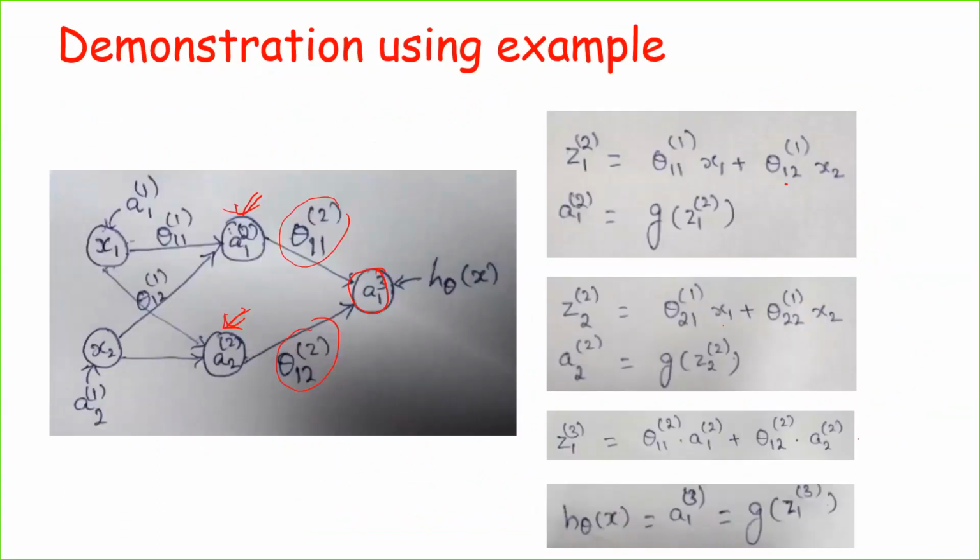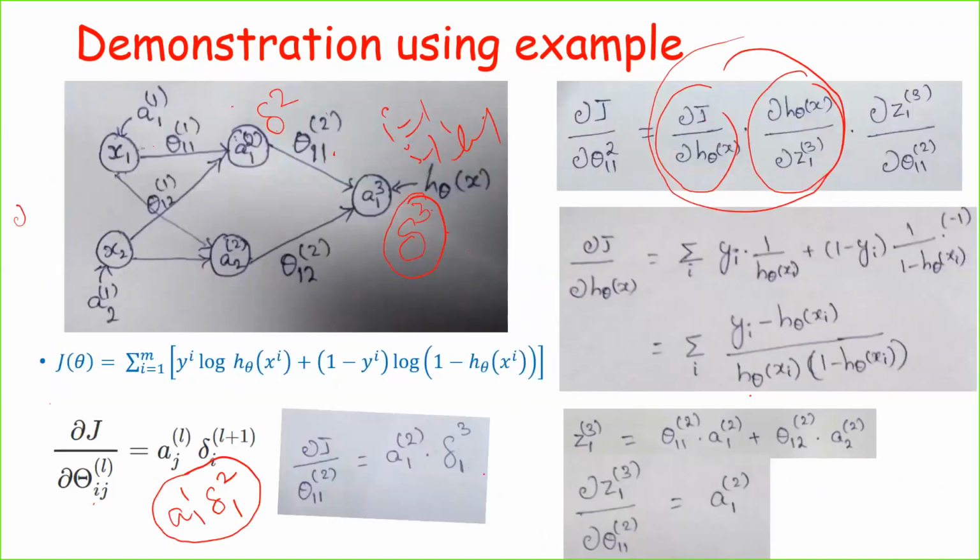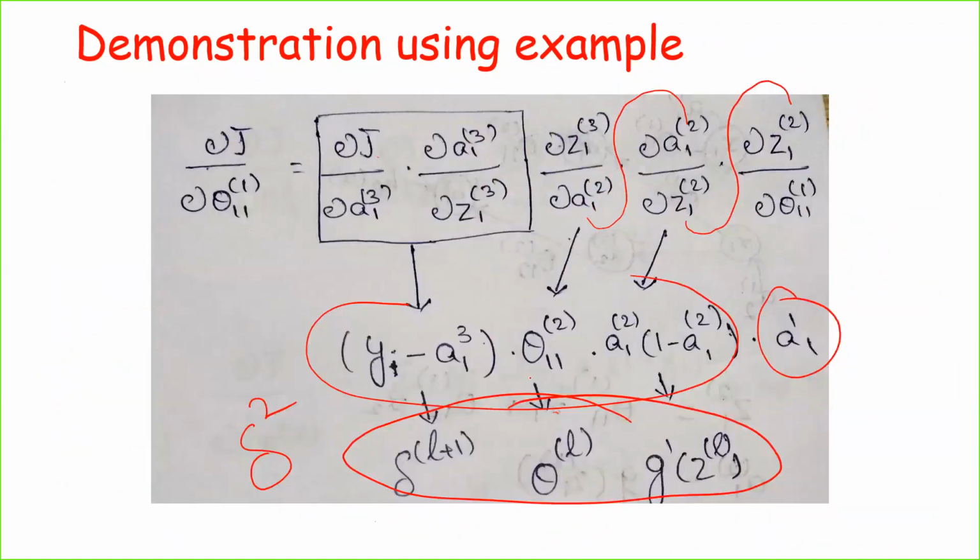Sir, here delta 2, you are computing by multiplying with the updated weight theta 11, isn't it? When you back propagate, you are multiplying the output layer weight with the transpose. No, here delta 2 at this layer is obtained by multiplying with theta 11. Yes, sir. This is the delta 3, this one. Multiplying it with the weight and then this sigmoid dash of A12, you will get this delta 2.